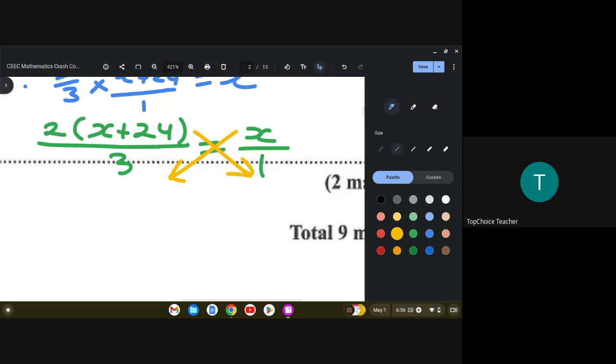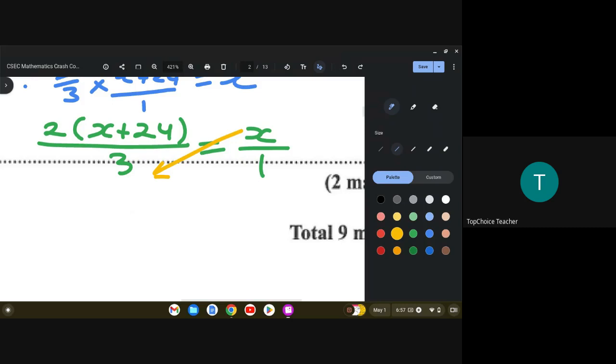Have you all ever heard of cross multiplication? Yes, sir. Now, that is why this is important for us here. We have to cross multiply. What cross multiplying is, you multiply the numerator by the denominator here, and you do the same thing on the other end. You multiply this numerator by this denominator. That is what cross multiplication is.